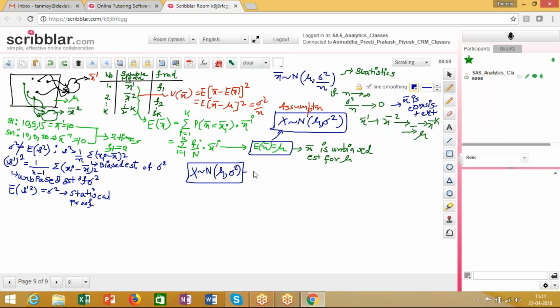If we get a sample, say small x, the sample will follow a normal distribution with mean x bar and variance s dashed square.